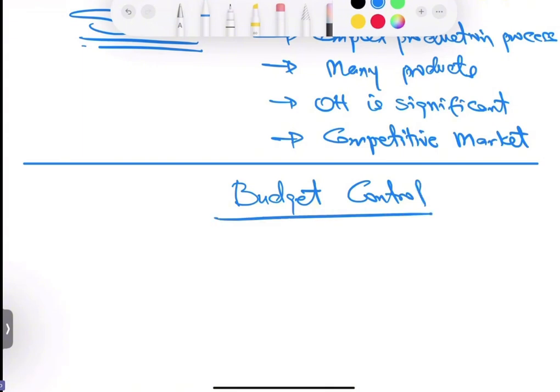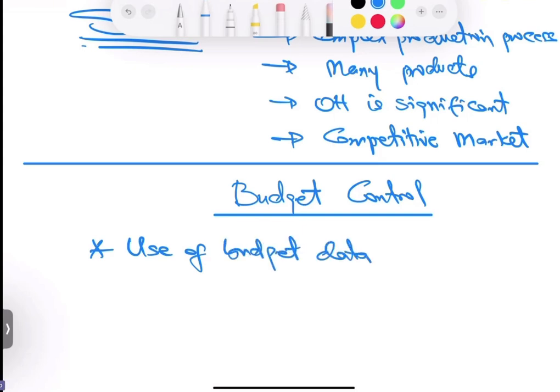Part of the objectives or advantages of having a budget is that you can use it as a control tool, which means you are using budget data as a benchmark to assess performance.